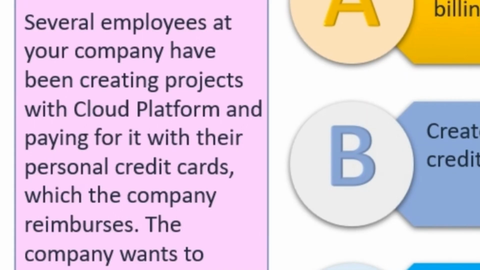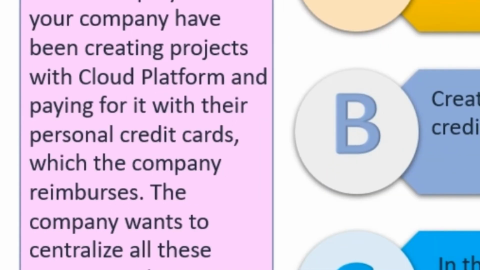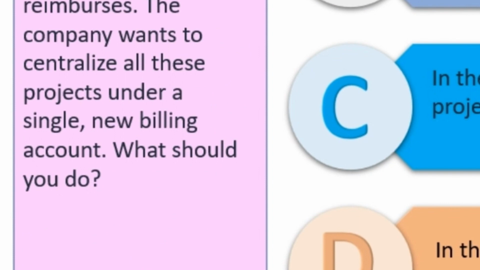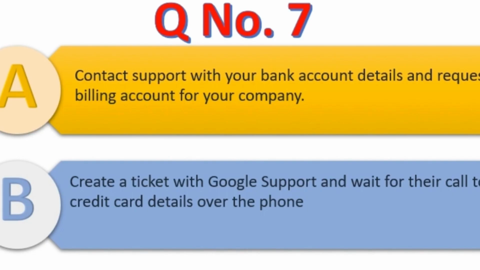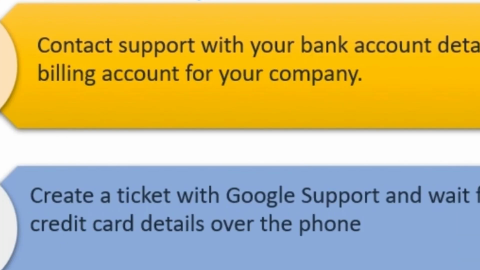Question number 7. Several employees at your company have been creating projects with cloud platform and paying for it with their personal credit cards, which the company reimburses. The company wants to centralize all the projects under a single new billing account. What should you do? A, contact support with your bank details and request a corporate billing account for your company.